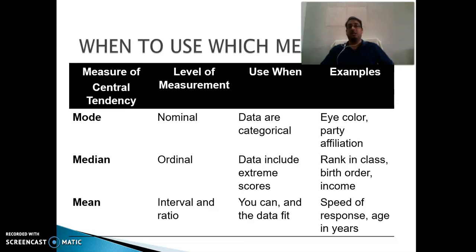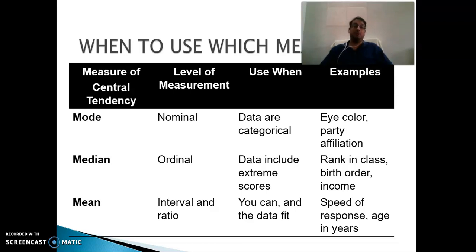Then median: the level of measurement is ordinal. When data include extreme scores, we use median. For example, rank in class, birth order, income, etc. These are examples of median.